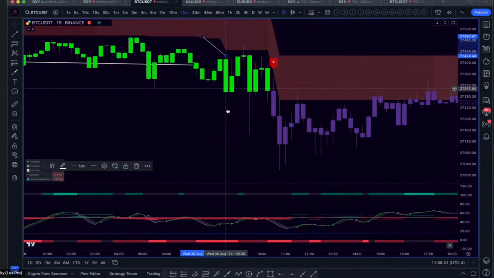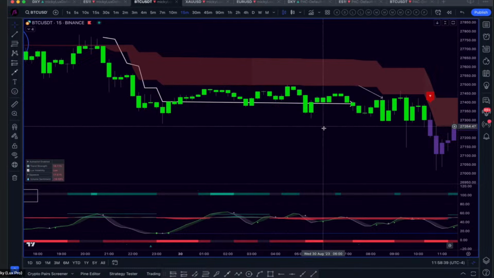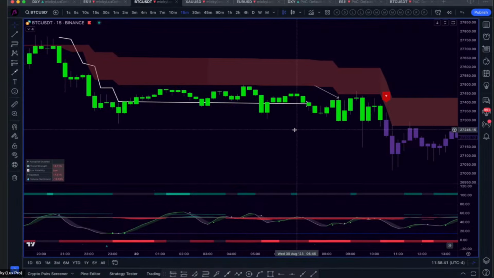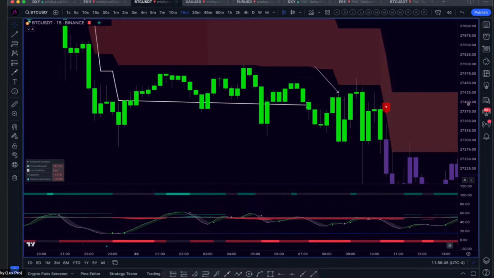If you held through all this time on Bitcoin, if you're bag holding the shorts, look at that, still flat. Can you see the slight, ever so slight stair step? See that? There is another clue.